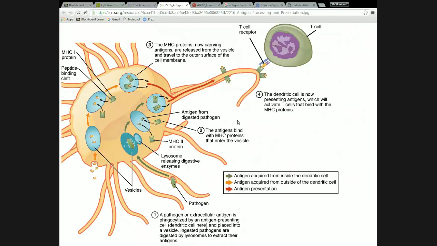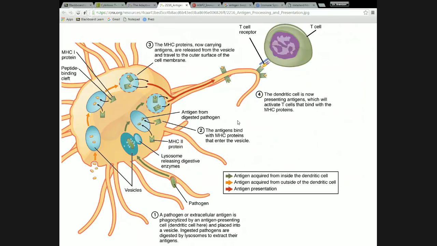Another annoying thing about this book is they did not graphically show a difference between class 1 MHC and class 2 MHC in the pictures I've been showing you. So out here, the exogenous and endogenous presentation pathways that are shown converge, and they're shown on the outside of the cell. But it doesn't tell you whether this is class 1 or class 2 MHC.